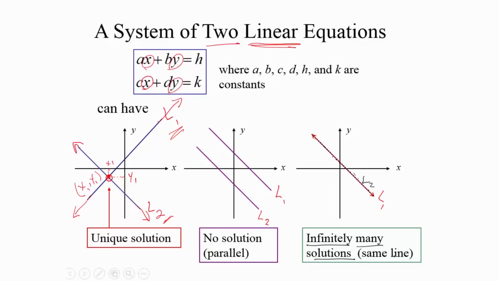They are the same line. Okay, so you have 1, 2, 3: three different possibilities when you are talking about a system of two linear equations.